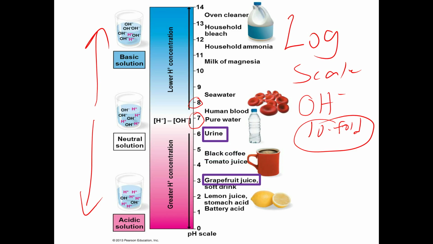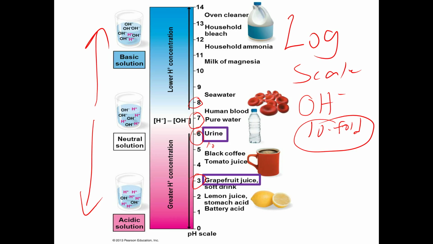Now, going from urine to grapefruit juice, again, you're becoming more acidic. Notice that urine has a pH of 6, and grapefruit juice has a pH of 3. So you're going 1, 2, 3 units. You're becoming much more acidic, but in this case, it's not a tenfold increase.